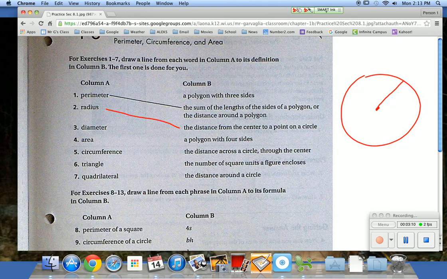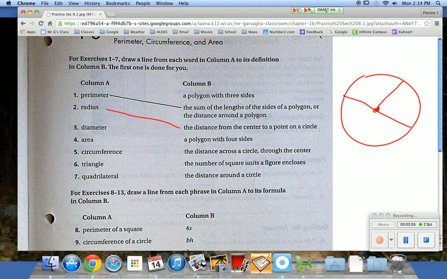All right? What about a diameter? What's a diameter? Do we need to have the center of the circle to know diameter? Yeah, you do. Because it travels from one point on the circle through the center of the circle to another point on the circle. And that would be your diameter. It has to travel through the center of the circle.